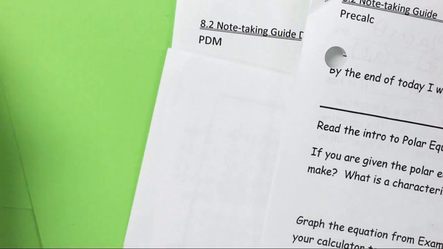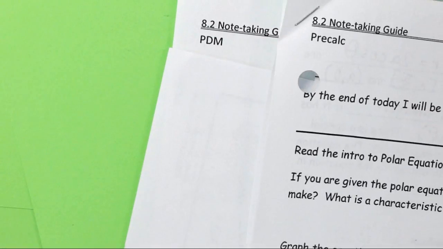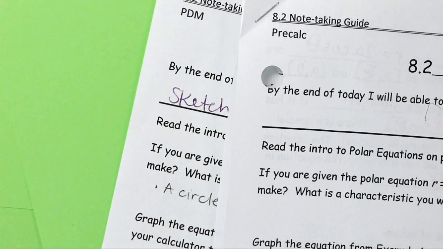Okay, so now we're going to convert to rectangular coordinates, and this takes just a little more effort. So we're going to go over this. All right, so when we're converting to rectangular coordinates, what we're trying to do is write an equation in the Cartesian plane. And remember, the Cartesian or the rectangular plane deals with what kind of points?